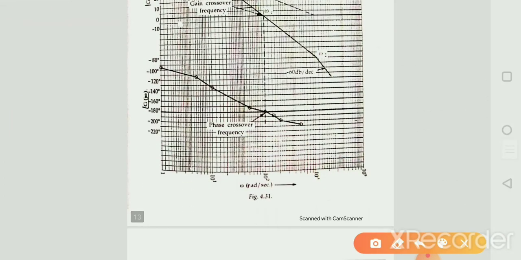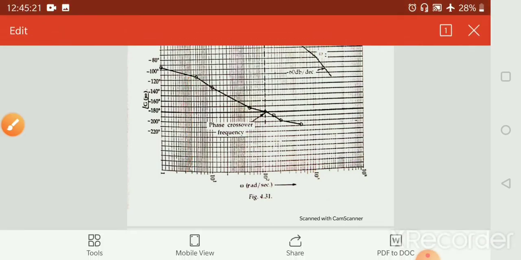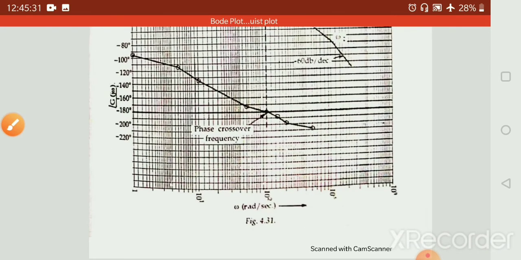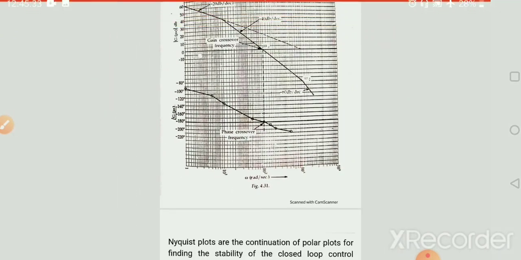The 5 is between 1 and 10, and 116 comes between 100 and 120. Like that we mark all the phase points. Now we draw a line for the phase. This is our phase curve.